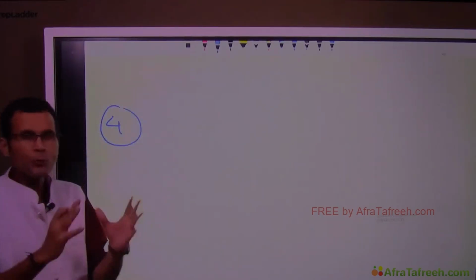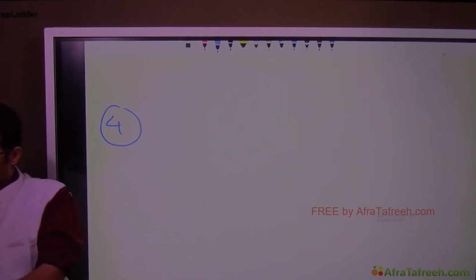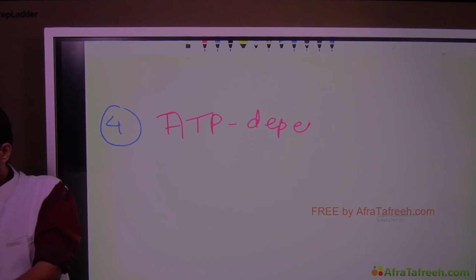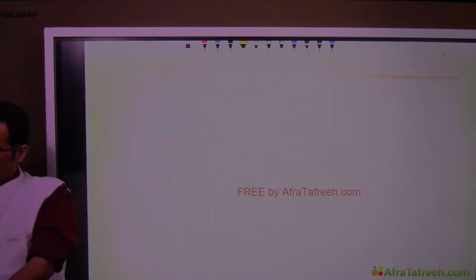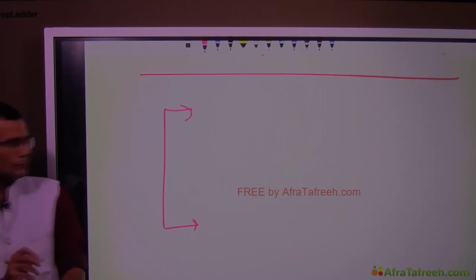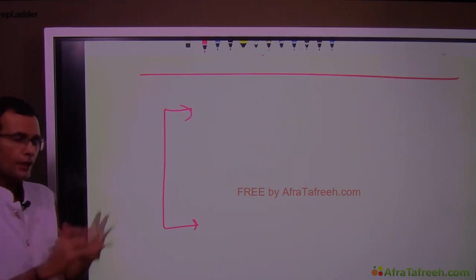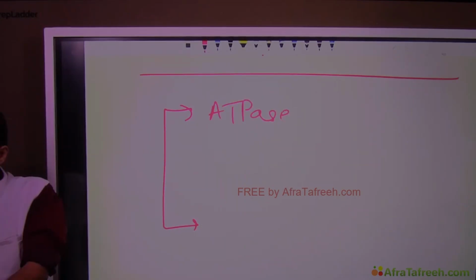The next category of transport proteins is called ATP dependent transporters. And in this, there are two varieties, there are two types. One is ATPases, also called pumps.